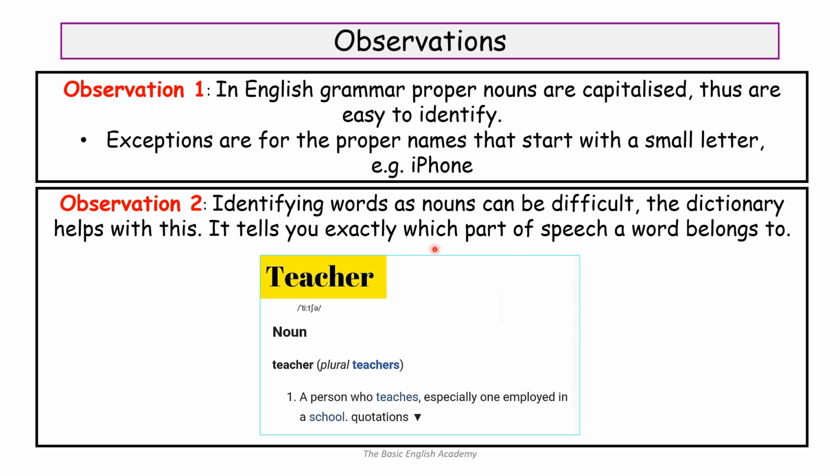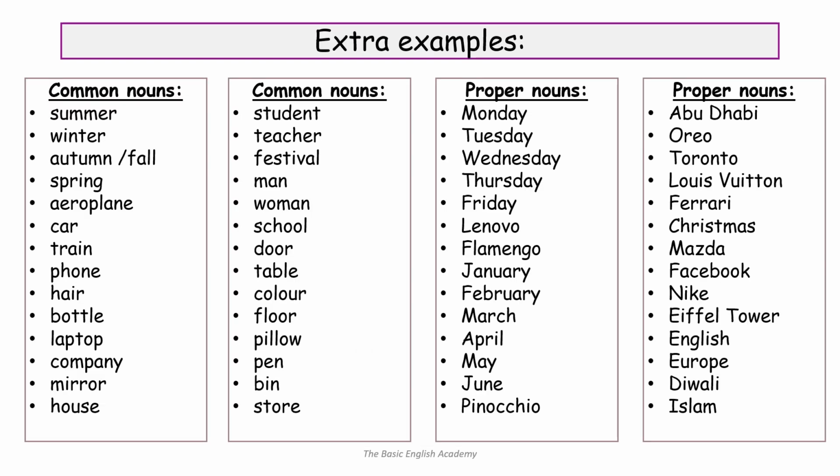As you can see over here, the word teacher is specified to be a noun. Dictionaries will tell you which part of speech a word belongs to. It will tell you if the word is a noun, a verb, or other parts of speech. So over here we have some extra examples of common and proper nouns for you to use.